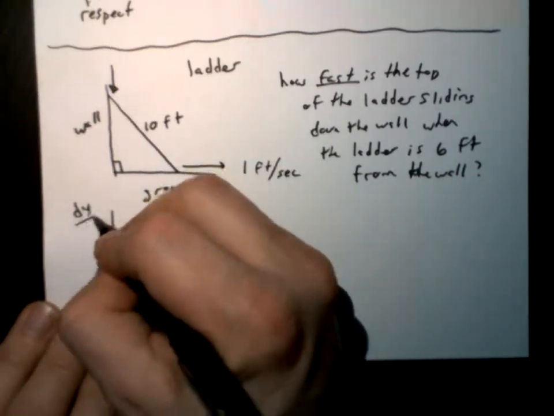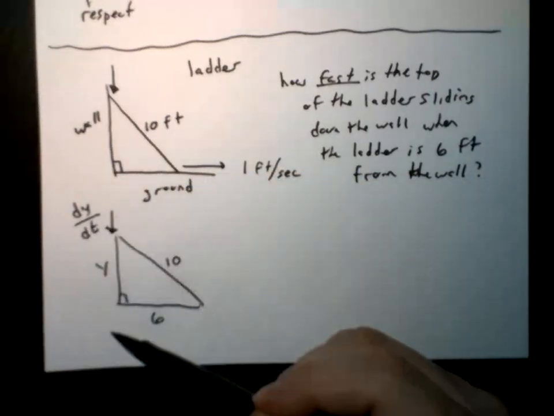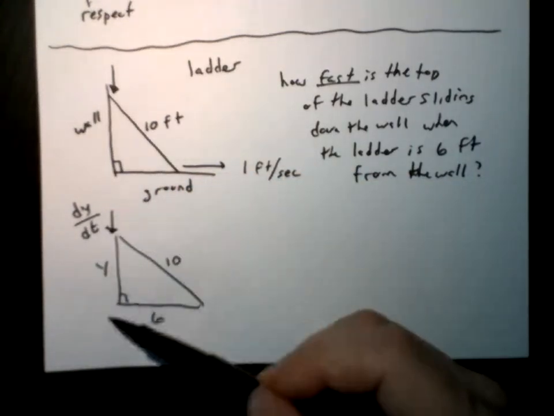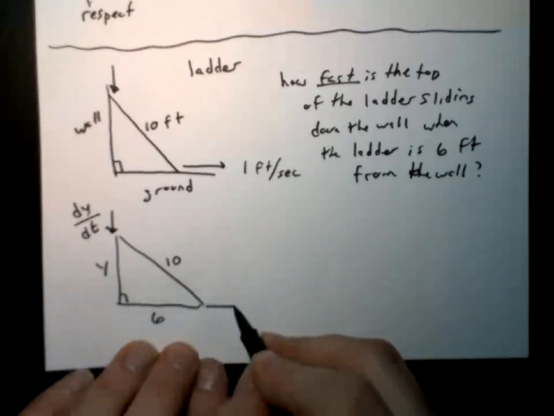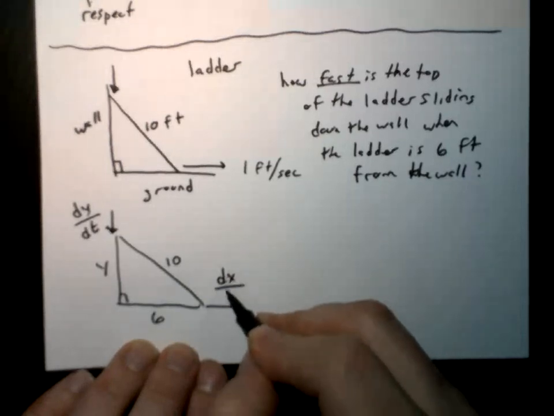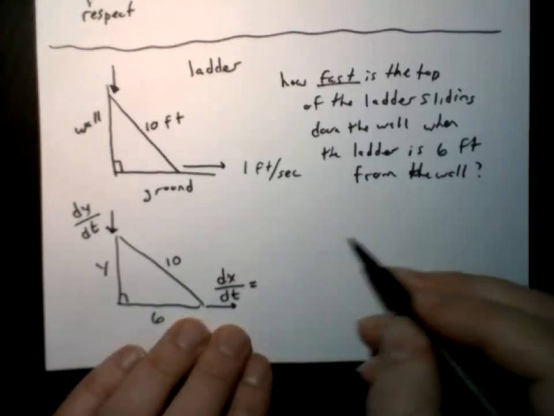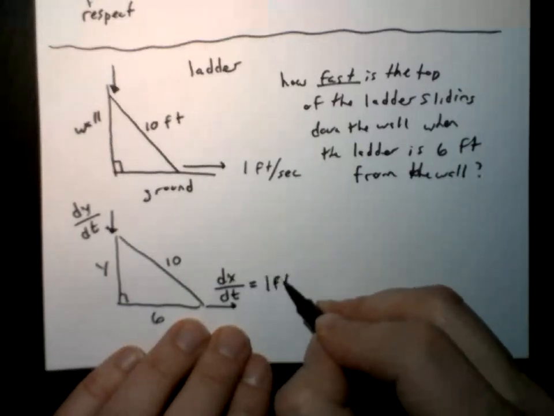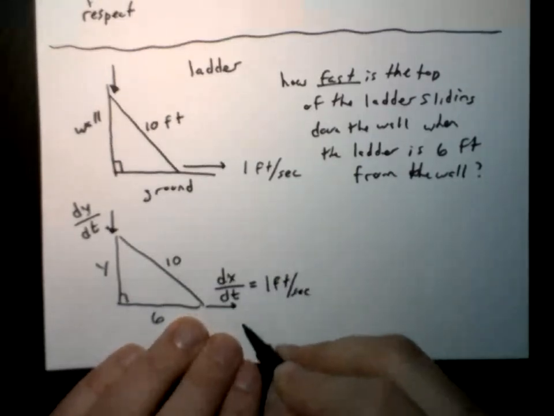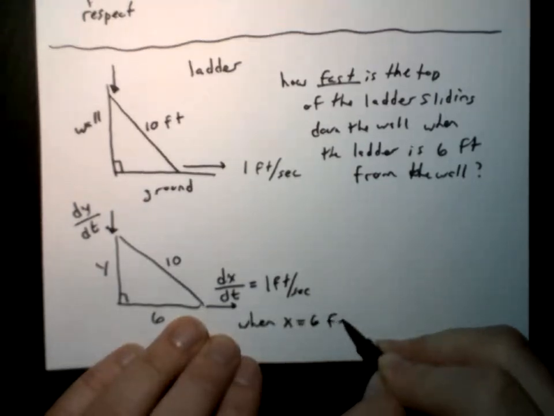So I guess this is going to be a rate of dy over dt, because this is the derivative or the rate of y. But remember that this is sliding out at 1. So we can say dx over dt is equal to 1 foot a second, but when x is 6 feet.